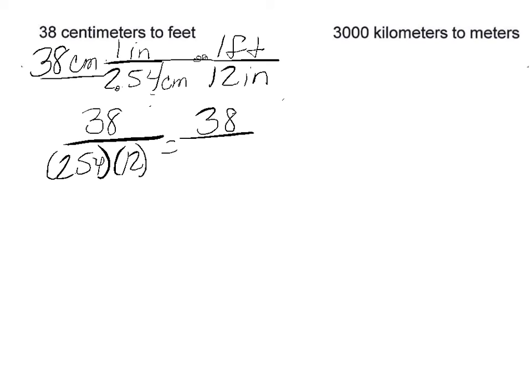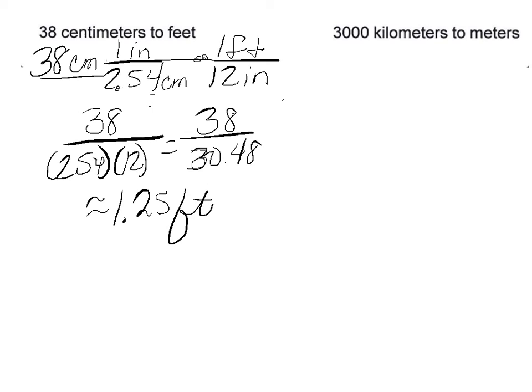Let's see, I have to get my calculator out on this one, because I don't have it in my notes. 2.54 times 12 is 30.48. So 38 divided by 30.48 is about, it's an estimate, about 1.25 feet. Now, honestly, that one is much, much tougher than most of them that you have to do on your homework.